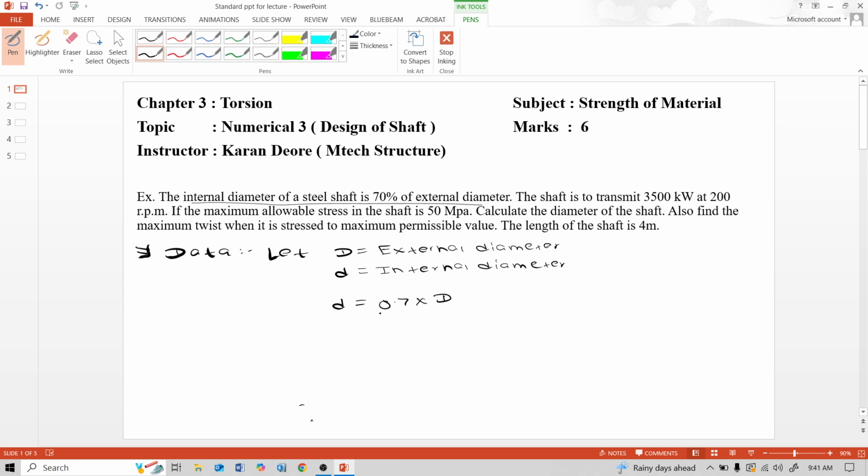And the shaft is to transmit power 3500 kilowatt. And number of revolutions capital N is 200 rpm.